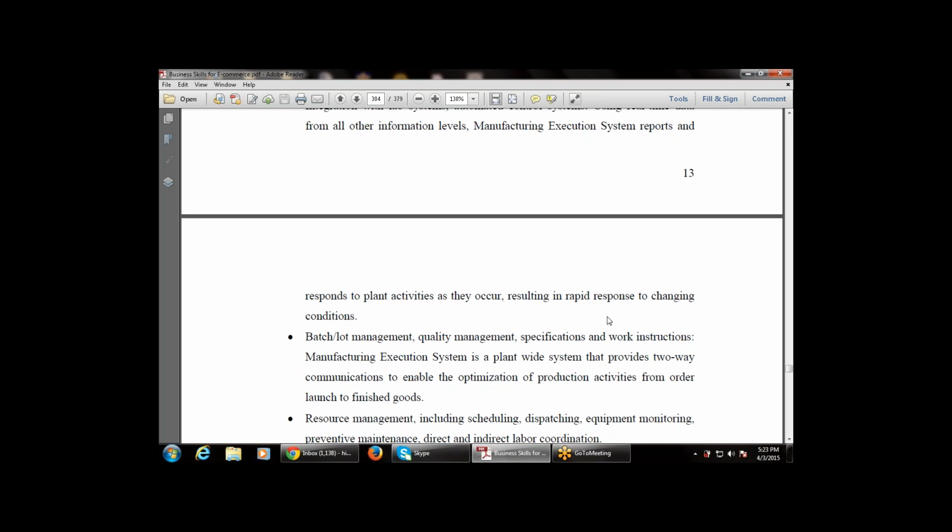Combined products are also managed with the help of MES, along with quality management, specification and work instruction. It is a plant-wide system that provides two-way communication to enable the optimization of production activities from the order launch to the finished product. That is, from the starting point to the finished products.